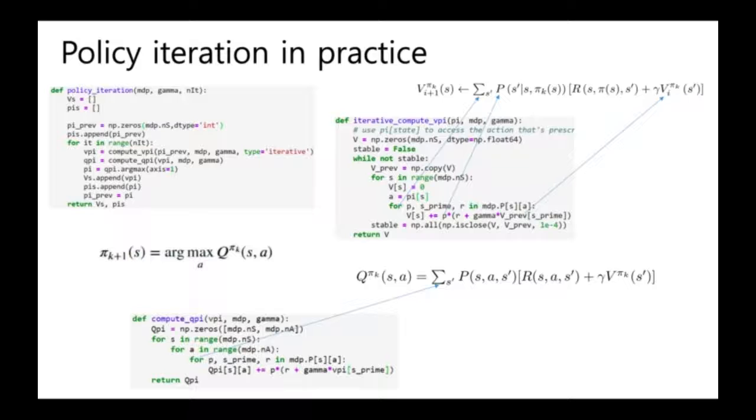In the policy improvement step, firstly, we compute the state action value of all states. In this function, this for loop is equivalent to looping over the next state. Then for each state, we will take one action out of the 4 actions corresponding to the maximum Q value of this state.